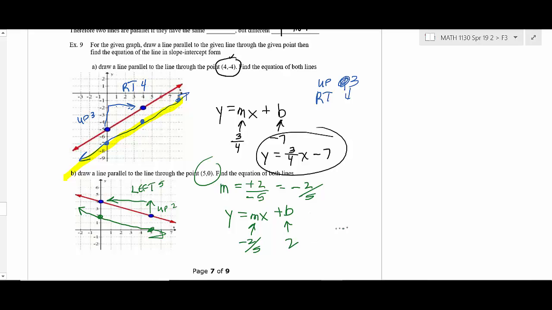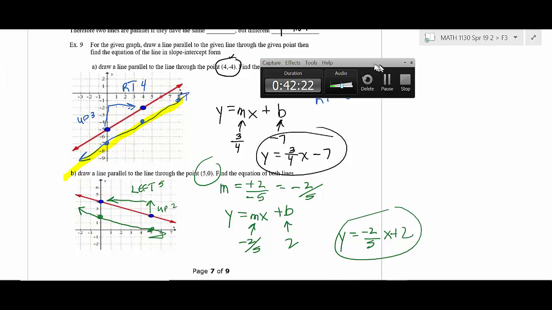Okay, so the answer to the problem, the equation, would just be y equals negative 2/5 x plus 2. Okay, so that's the idea. You're not going to do problems like that, but that just kind of gives you the idea of how parallel lines work. Okay, so hopefully this stuff here is mostly just total review that we'll come right back to. We'll finish this up next time in class.